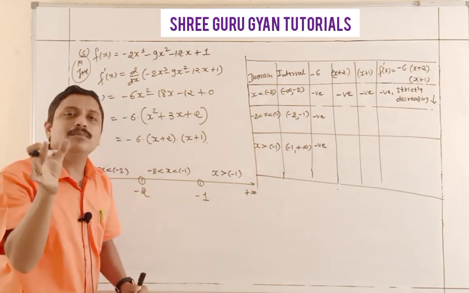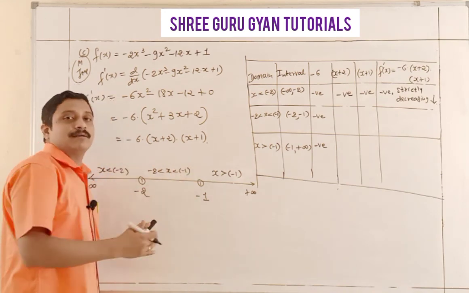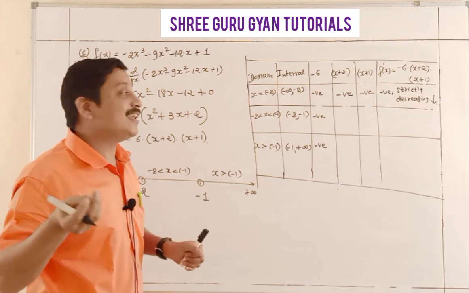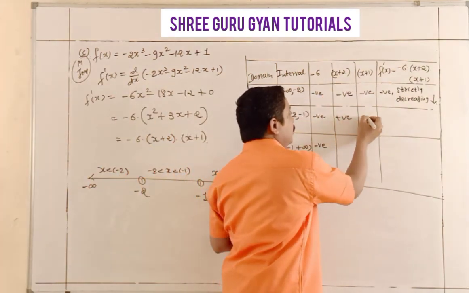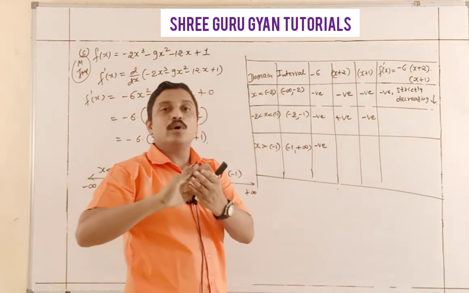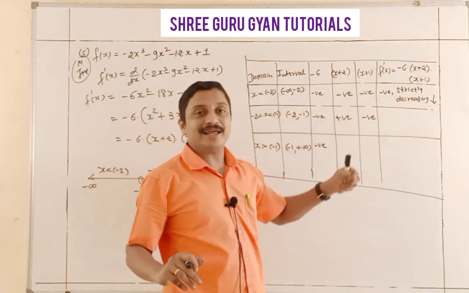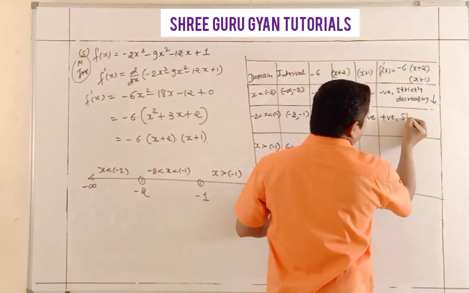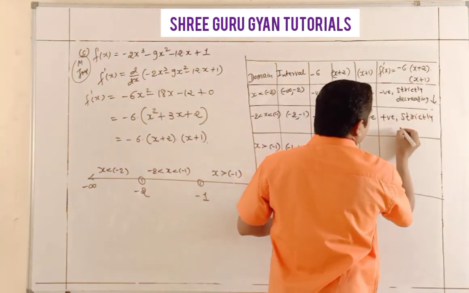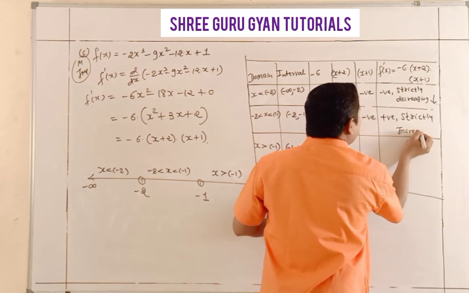Now between -2 and -1, any number, but I take -1.5. Here -1.5 plus 2 is positive, here it is negative. Apply and multiply overall: minus, plus, minus, which is positive. So my answer is strictly increasing.